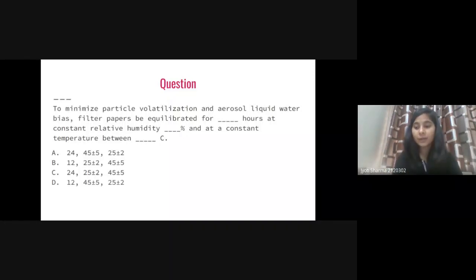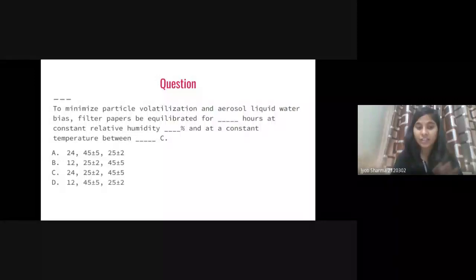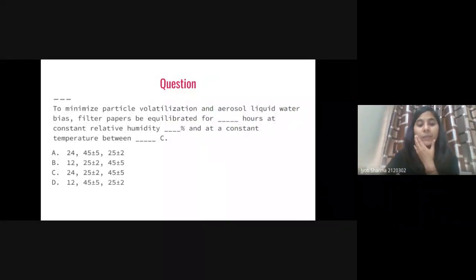What should be the condition under which you keep your filter paper for some time before putting it into the machine? This is known as conditioning. My question is: to minimize particle volatilization and aerosol liquid water bias, the filter paper should be equilibrated for how many hours at a constant relative humidity of what and at a constant temperature between what?